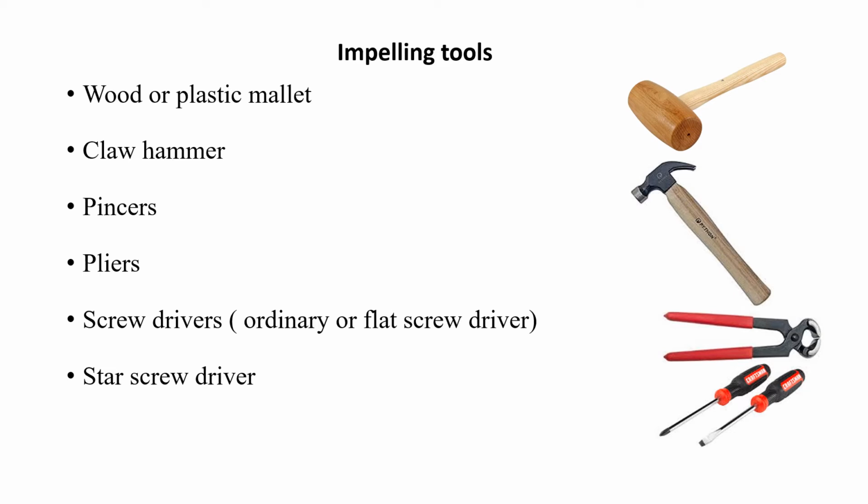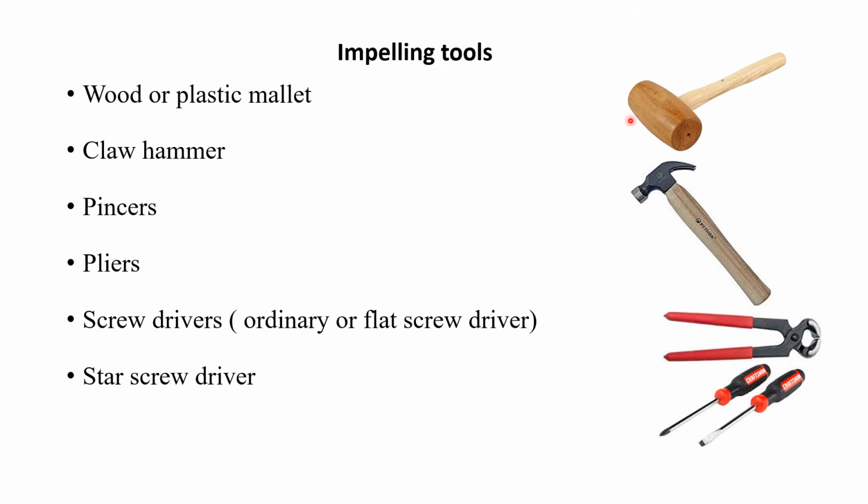Let's see impelling tools. These impelling tools are the tools which give force to other tools, like a wood or plastic mallet. Here we have given an example of a wood mallet.